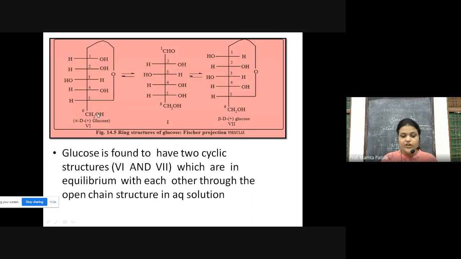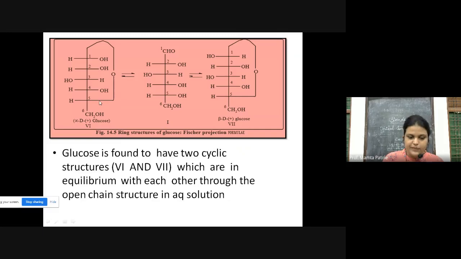So you will have two structures of glucose, right? And dear students, the names are alpha D plus glucose and beta D plus glucose. Now, what is the difference between these two structures? We'll be learning slowly and steadily.